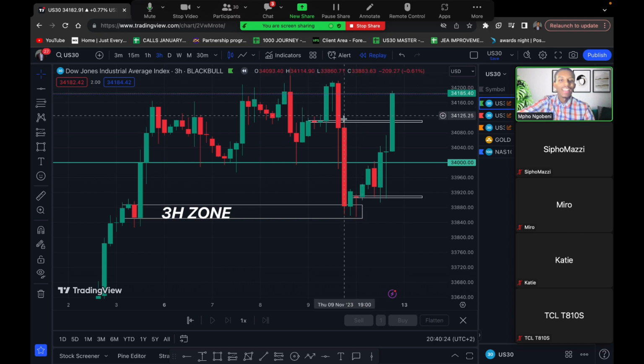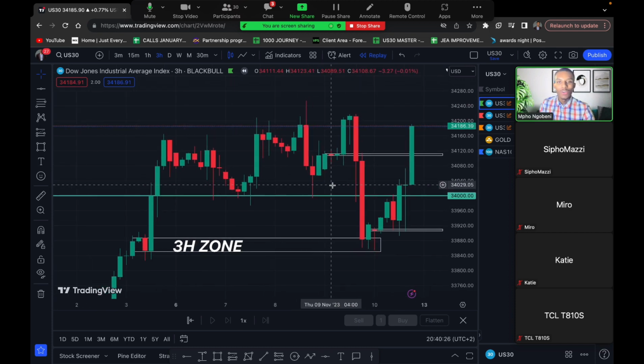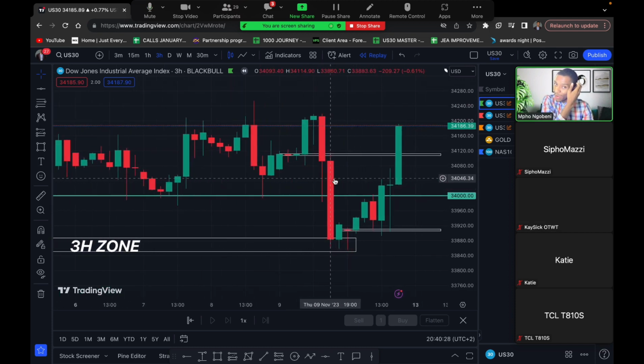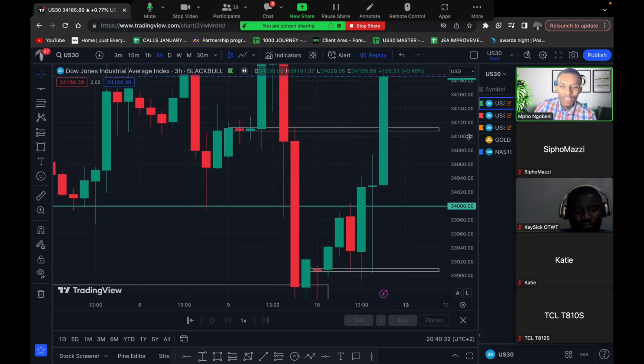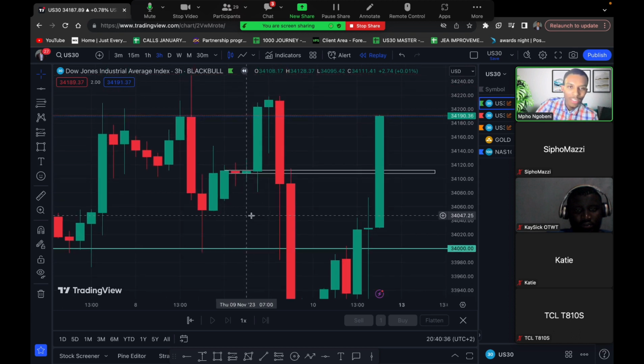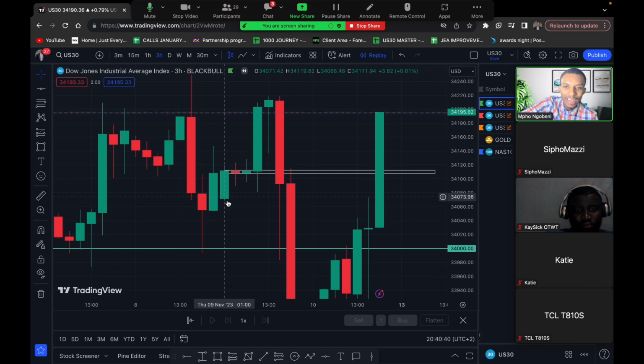So let's check again. Again on the 3-hour time frame, we see that we have another zone there. That's another zone, if you can check. Why do I say it's a zone? It was green, and then a red candlestick right in the middle of it, then it continued green.